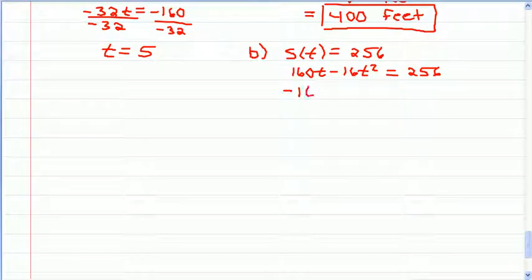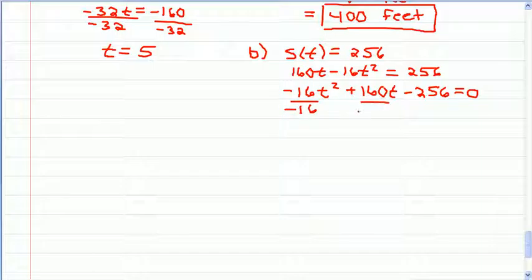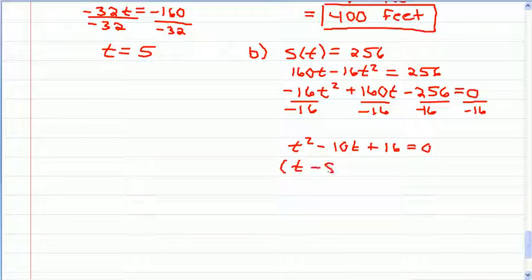So if I write this in standard form, negative 16t squared plus 160t minus 256 equals 0, and I divide everything by negative 16, I have t squared minus 10t plus 16 equals 0, and this factors to t minus 8, t minus 2.